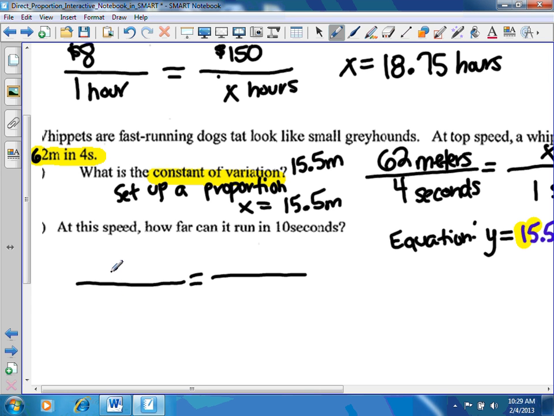So what's my first ratio going to be here? 62 meters over 4 seconds is equal to X meters over 10 seconds. Okay, now what do I do? Okay, go.